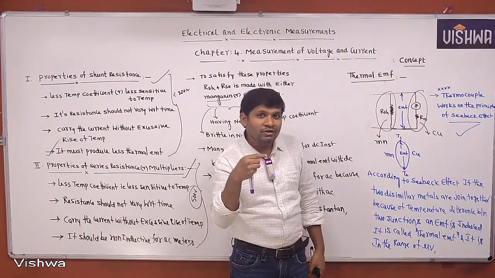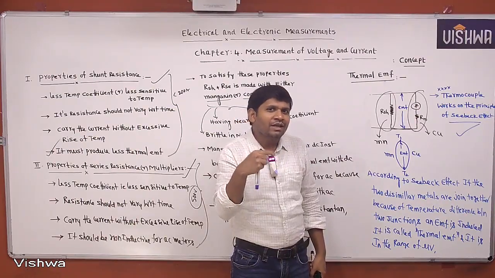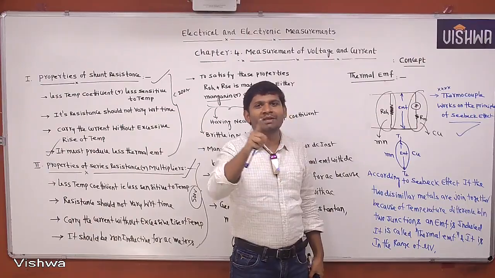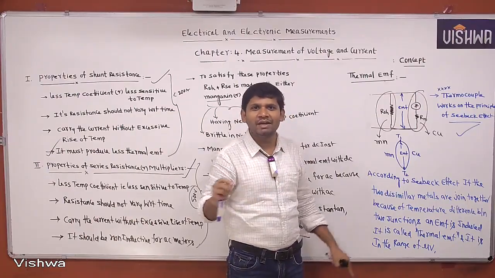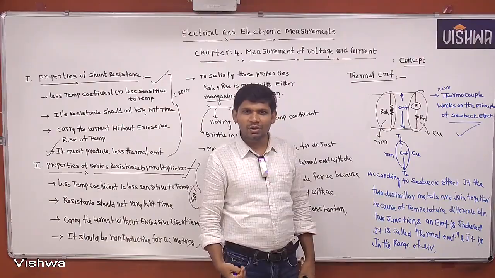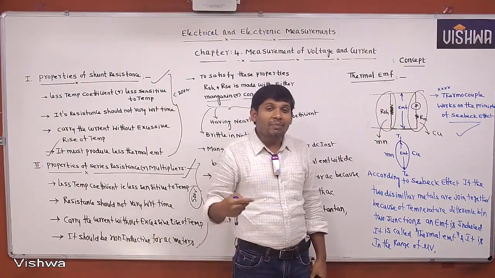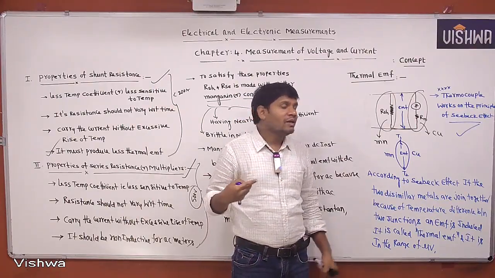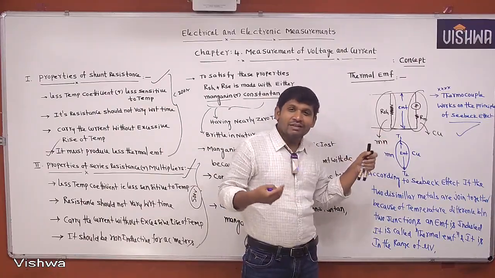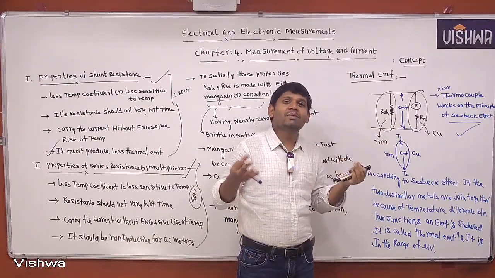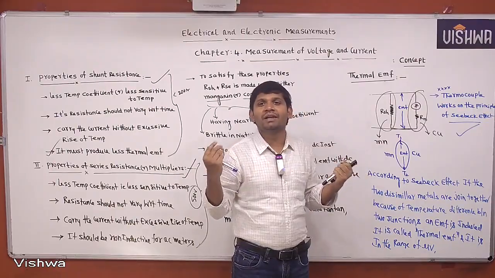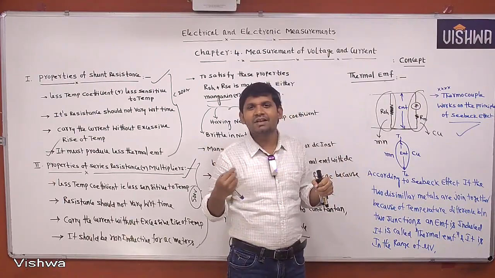But if the shunt is made with copper material, copper is more sensitive to temperature, so it gives high temperature errors. That is one problem. Also, if you use copper shunts, the size and weight of the meter will increase.